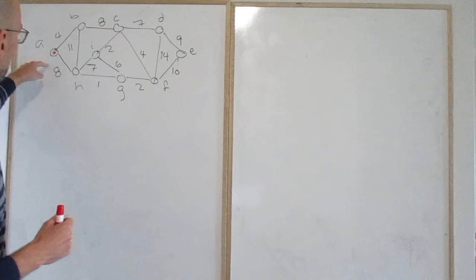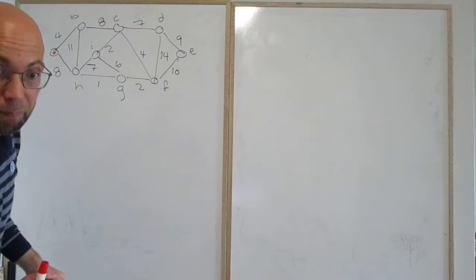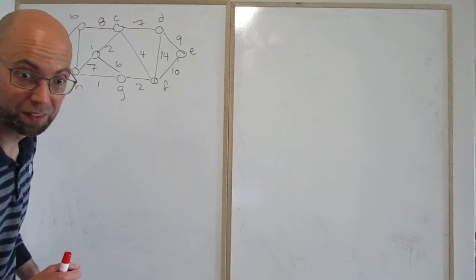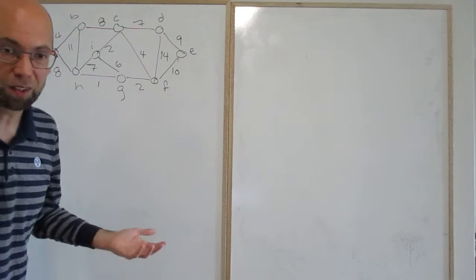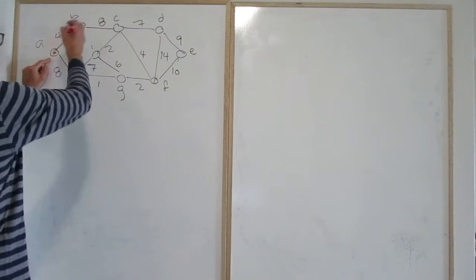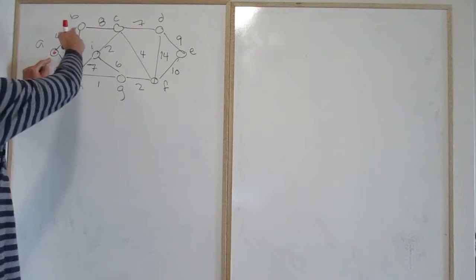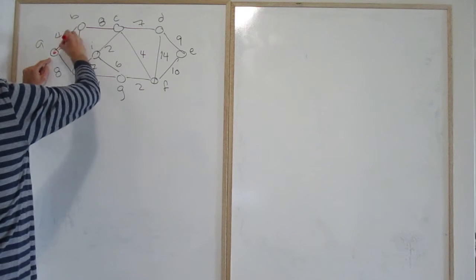So what's the cheapest edge that's incident to this tree? There are two edges. AB, yes. Does it create a cycle? Is it between two vertices on my tree? No. So I'm going to add AB.